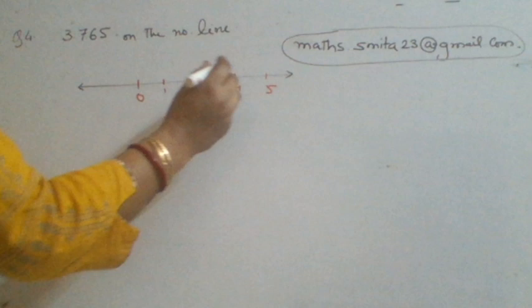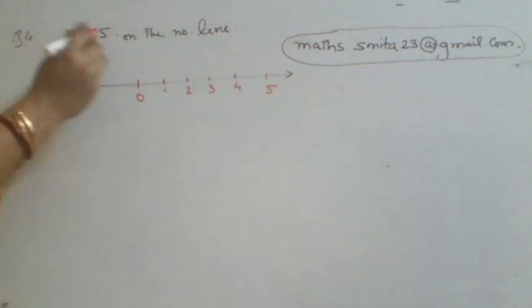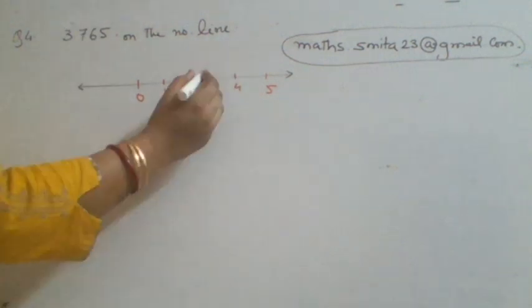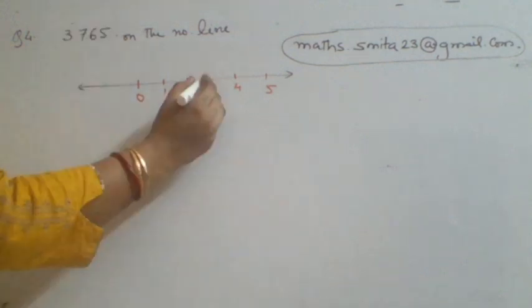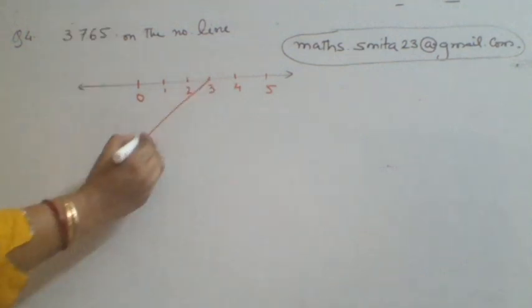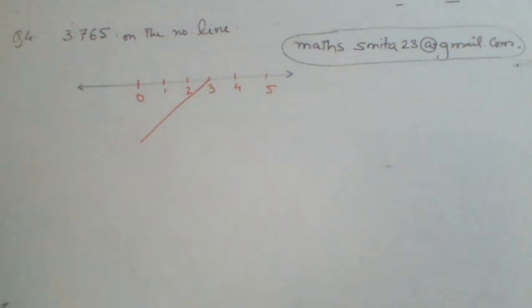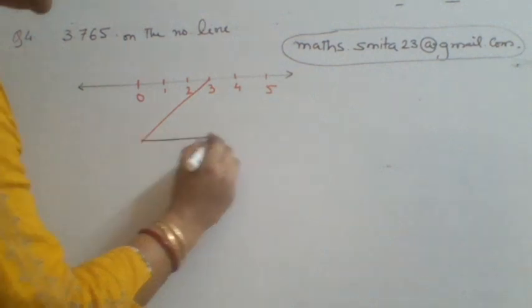Now this point lies somewhere between 3 and 4. This is little more than 3 but less than 4. Now, this is successive magnification. This is what we call successive magnification.